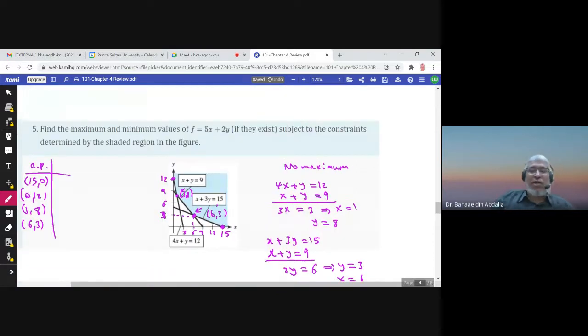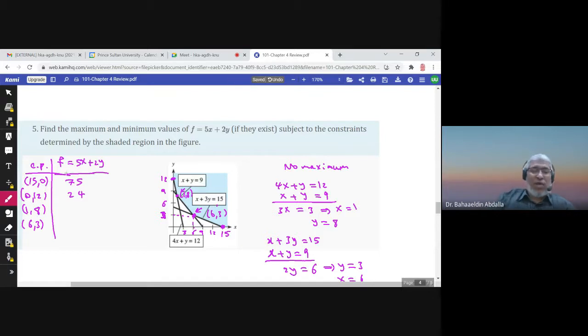And now we are ready to put them in the function f and to find the minimum value because there is no maximum, because the area is not bounded. Well, if x is 15, 5 times 15 is 75, and y is 0, so f here is 75. If y is 12 and x is 0, f is 24.